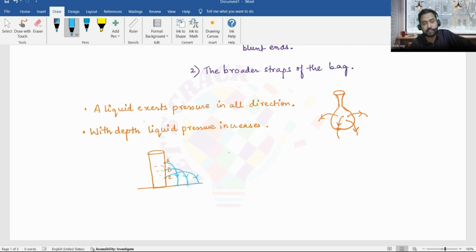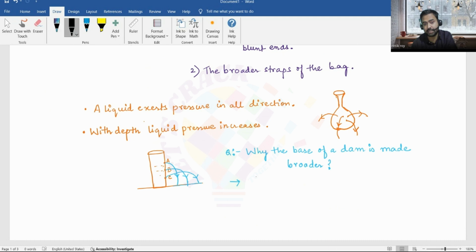And because of this, there may be a question: why is the base of a dam made broader? If you have seen dams, the base of them is always made broader. Now what will be the answer to this question?